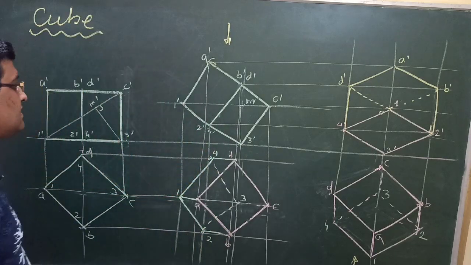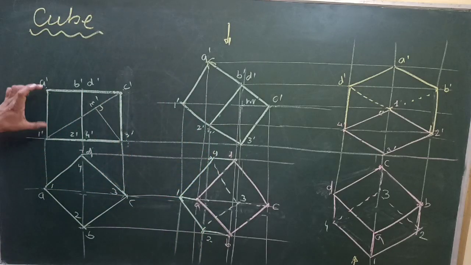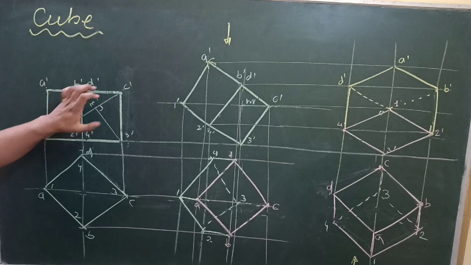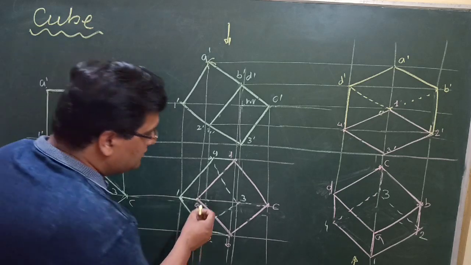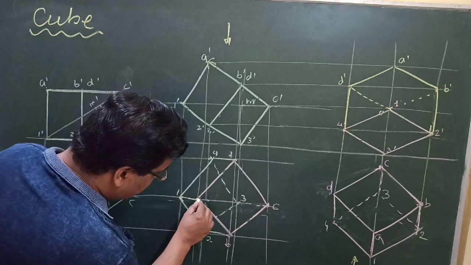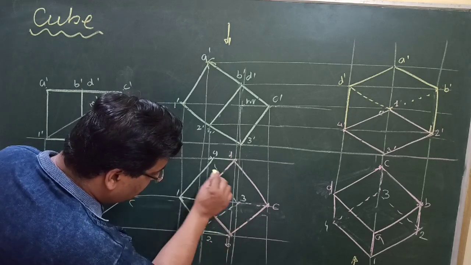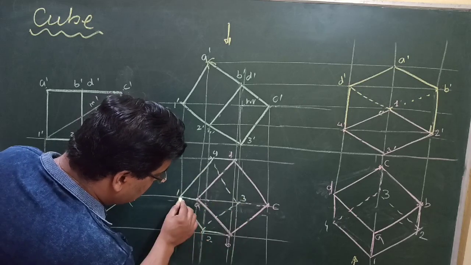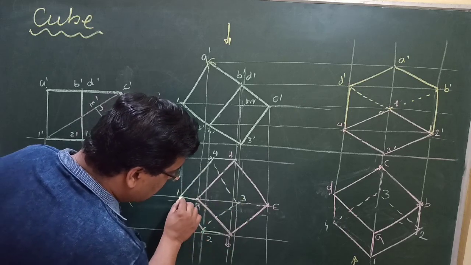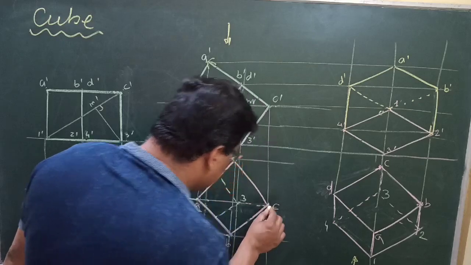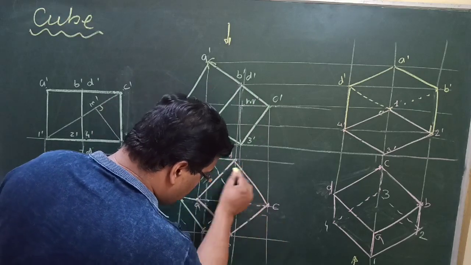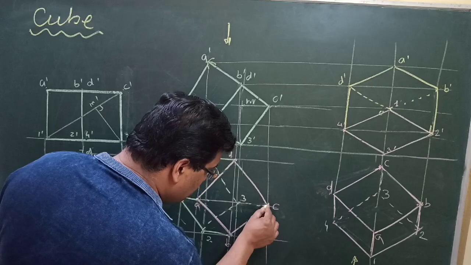As far as lateral lines are concerned, lateral lines means A to 1, B to 2, D to 4 and C to 3. Because the line 1 to A is crossing the hidden base 1, 2, 3, 4, it is continuous, and 3 to C, because it is crossing a continuous base, is hidden.